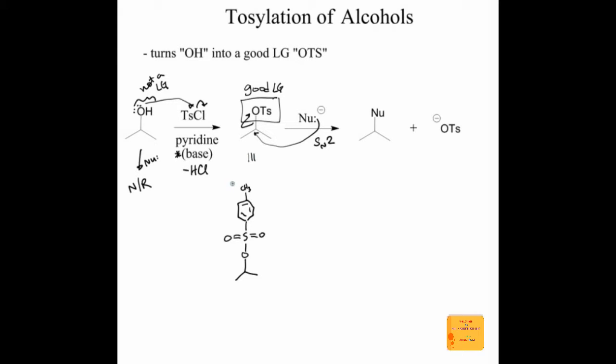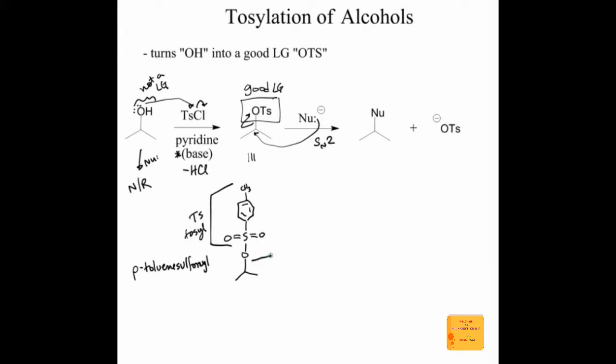So this part from here to here represents the Ts group, the tosyl group, and that stands for para-toluenesulfonyl. This is a sulfonyl group, and this phenyl group with a methyl is called toluene. So this is called a tolyl group, and para represents this relationship between the methyl and the sulfur. So this is called para-toluenesulfonyl, or just tosyl for short.